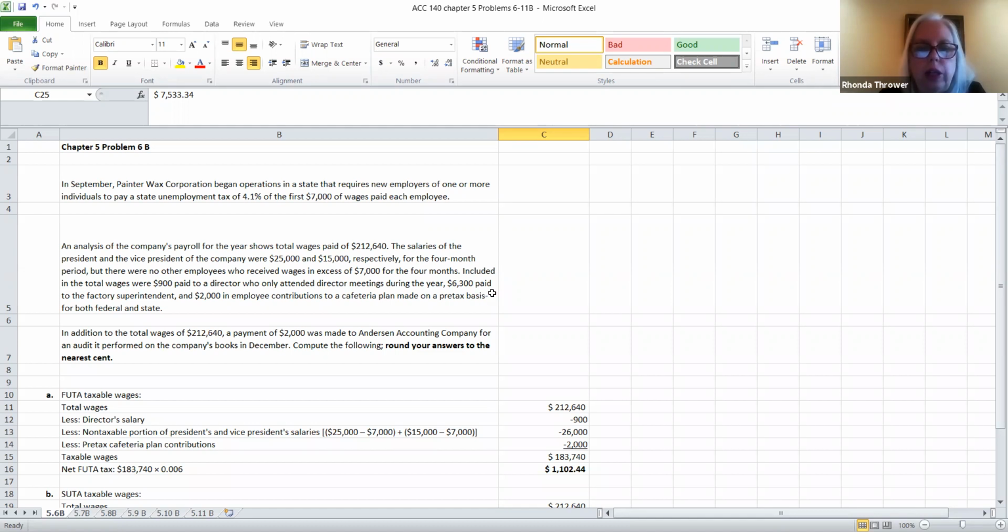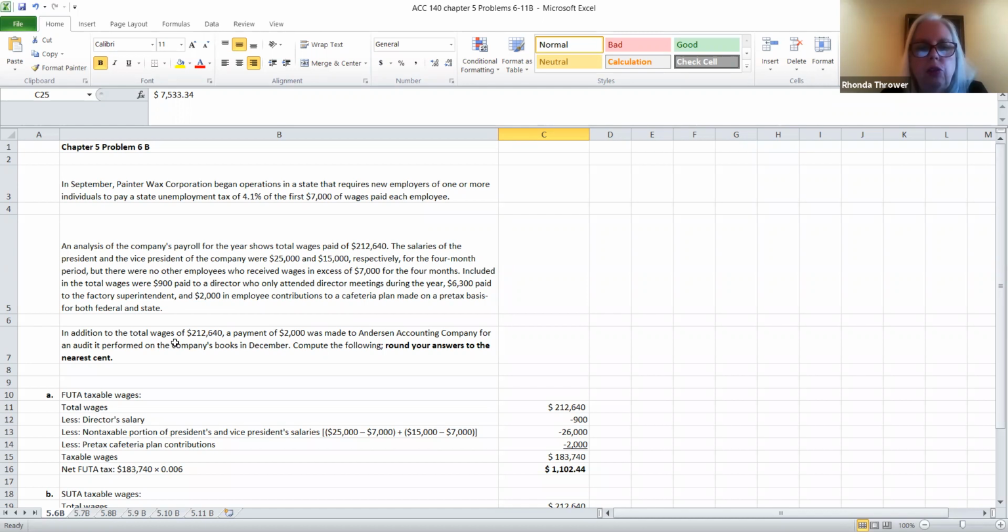There was $6,300 that was paid to the factory superintendent and $2,000 in contributions to a cafeteria plan made on a pre-tax basis for both federal and state. And so this $2,000 is not susceptible to the unemployment taxes because it's some type of insurance payment.